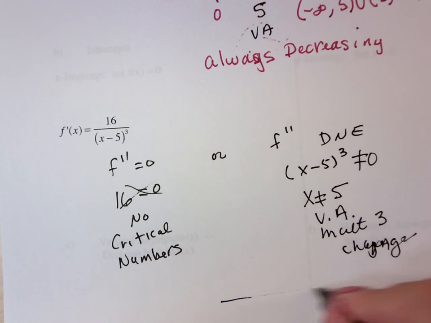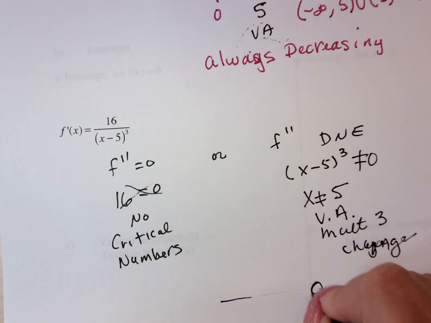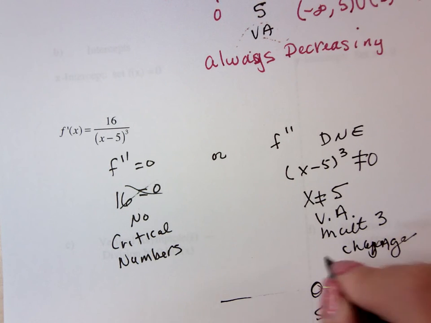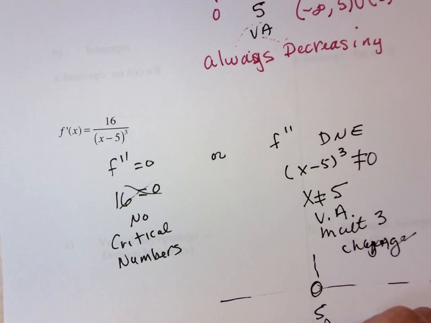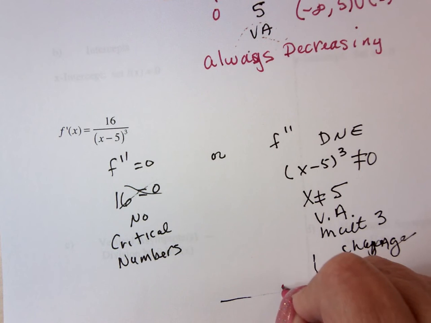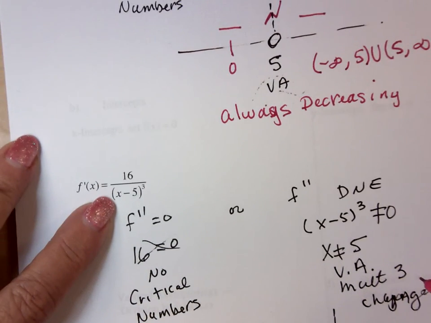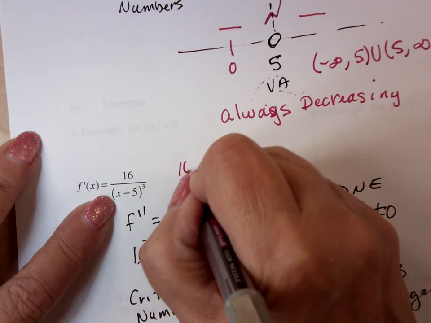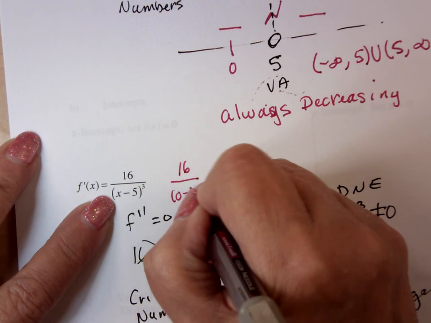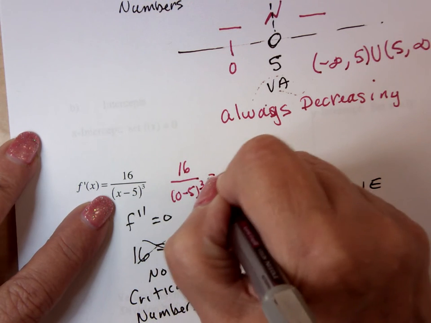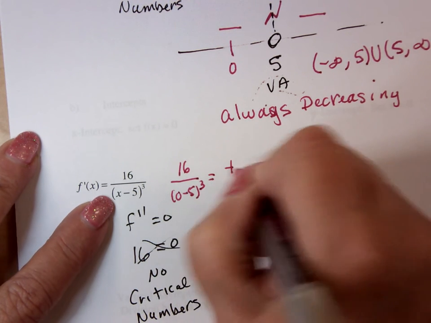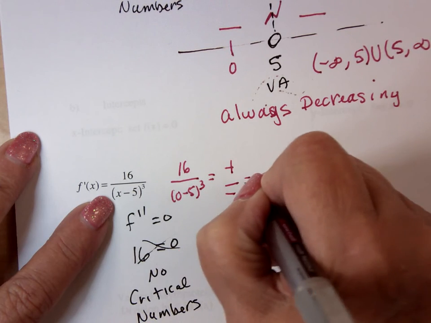So here we go. The only thing I've got on here is 5, and that's my VA. So I pull critical number 0, my favorite. And if I put 0 in, positive or negative? Negative, yeah. 16 over 0 minus 5 cubed is positive in the numerator, negative in the denominator. This thing is negative.